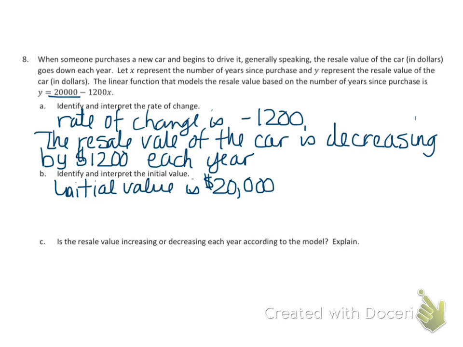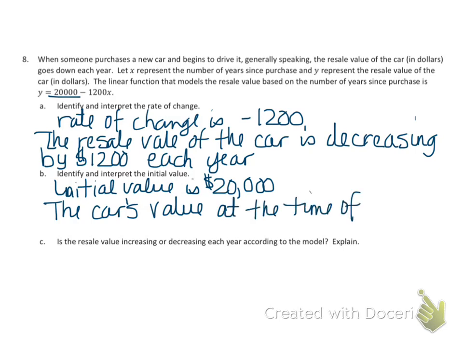How can we interpret that? $20,000 would be the car's value before you drive it off the lot. The car's value at the time of purchase. This is the reason that a lot of people never buy a new car, because the value does decrease quite a bit in the first few years.